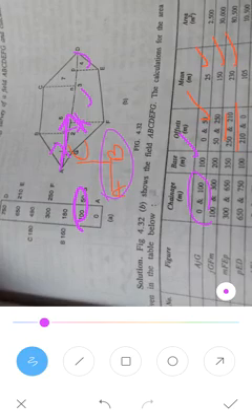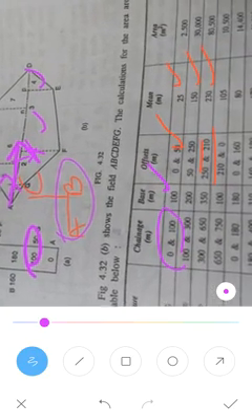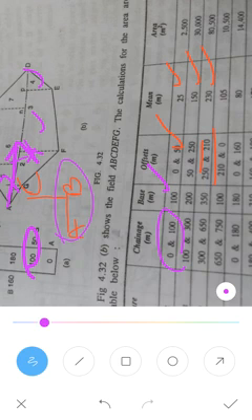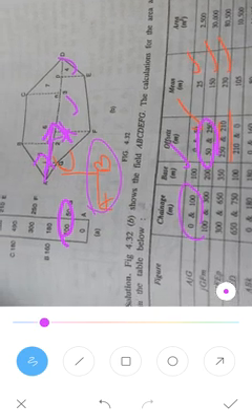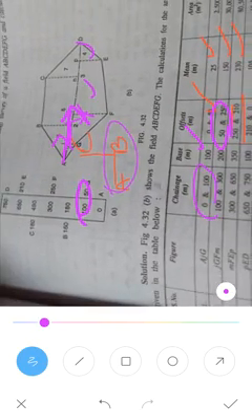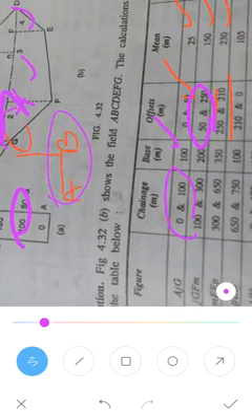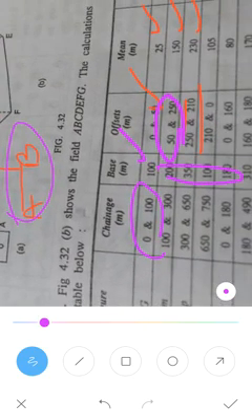The offsets are 50 and 250, so you will get exactly 200 meters. Next you will get around 350. Respective to each one you will get the base length. That's how you will get it.